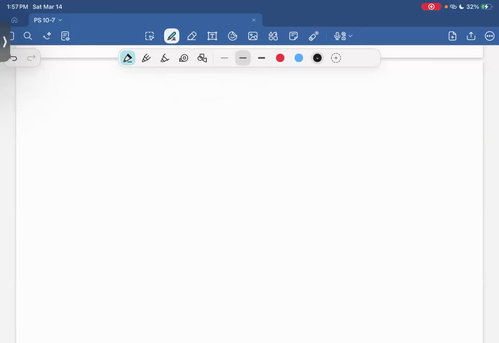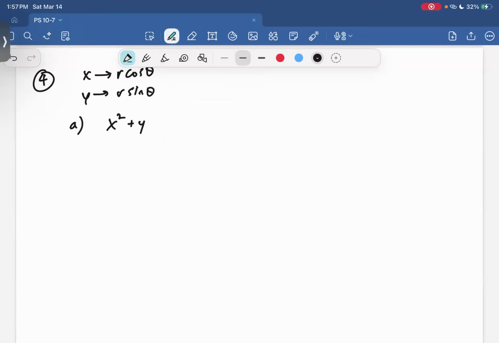Next, let's convert these rectangular equations to polar form. So just remember the substitutions, right? This is all you need to memorize. x is r cosine theta, and y is r sine theta. So the first question, we have x squared plus y squared equals 16. Obviously, this is a circle with radius 4.